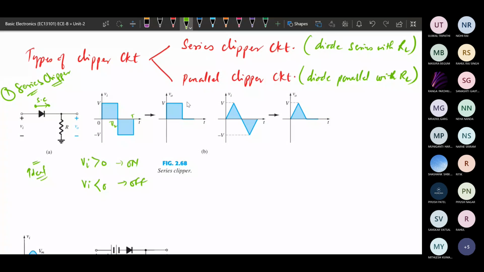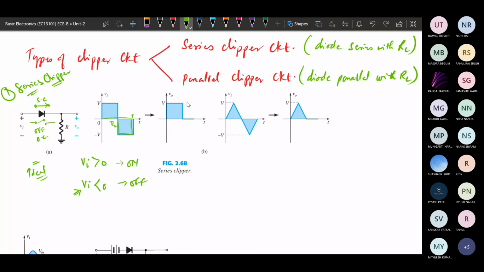Similarly in the negative half, we apply an input voltage that is less than 0. If it is less than 0, the diode will be off, and when off, it behaves like an open circuit.